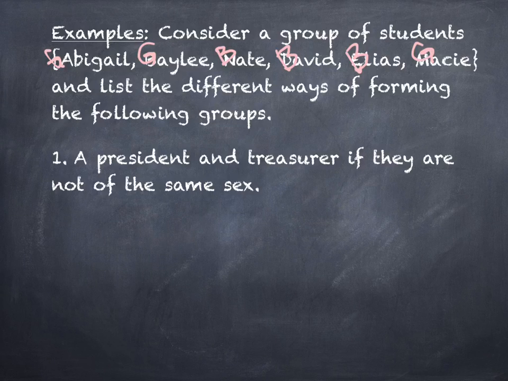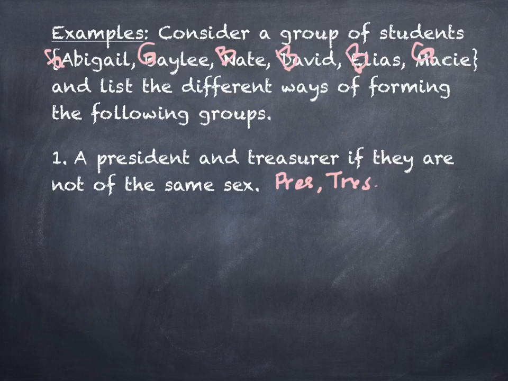So the first thing is, it says a president and a treasurer if they are not of the same sex. We're just going to pick the first person in the list, which would be Abigail, and we're going to let her be the president. When we write these, we're going to write the president first and the treasurer second. Not because it matters, but because we have to pick something, okay?